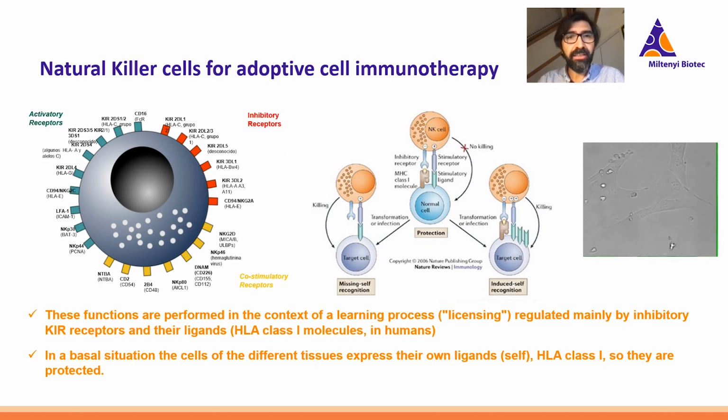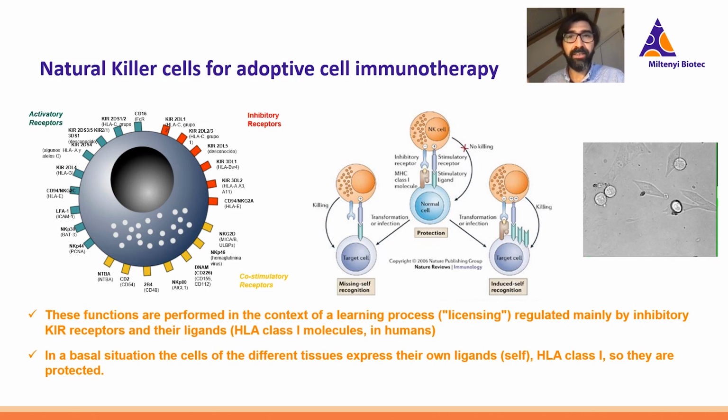These functions are performed in the context of a learning process that starts in the bone marrow of the donor. The NK cells in the bone marrow are educated through the acquisition of killer immunoglobulin-like receptors. In basal stimulation, NK cells cannot work.